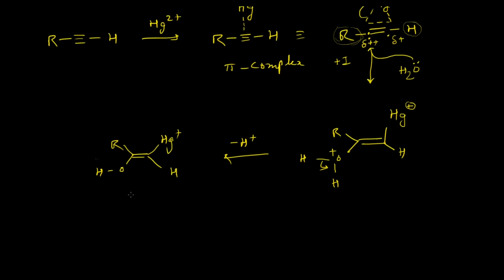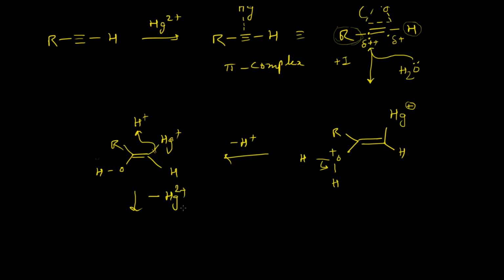Then a proton will attack this carbon-mercury single bond, and the bonding electron pair in this carbon-mercury single bond will be utilized to form the new carbon-hydrogen bond, and thereby the mercury plus ion will leave the system as mercury 2 plus ion.